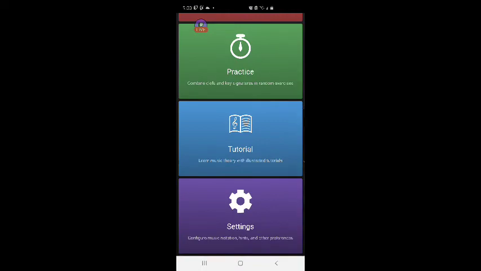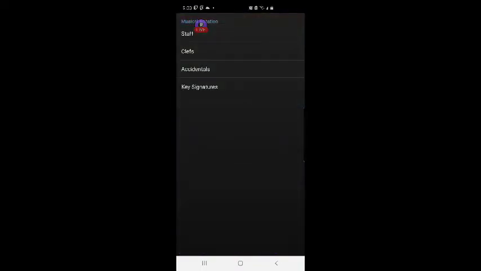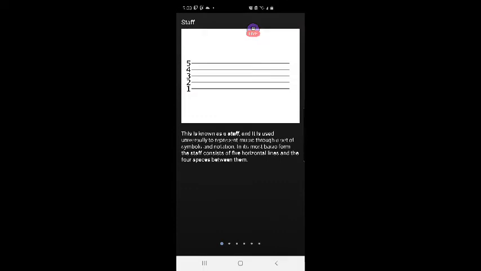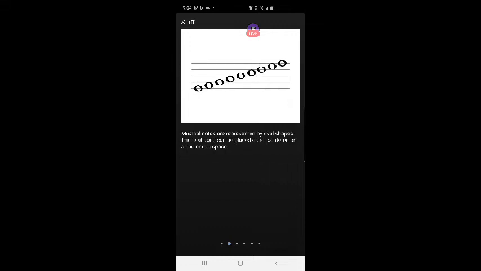Learn music theory with illustrated tutorials. Okay, so yesterday let's read about the staff, I guess. I think I've read about clefs. This is known as a staff, and it is used universally to represent music through a set of symbols and notation. In its most basic form, the staff consists of 5 horizontal lines and the 4 spaces between them.